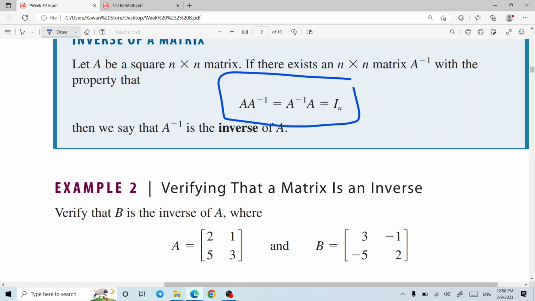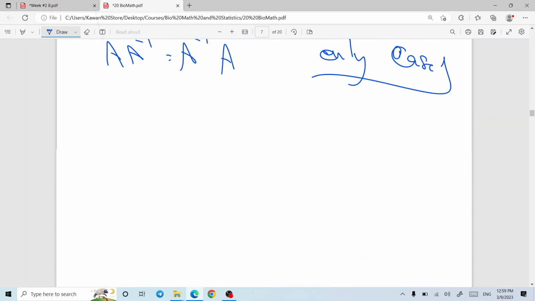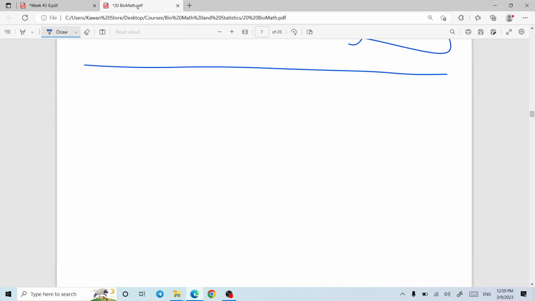How do we solve that one? Show me A and B are inverse, or show me B is the inverse of A. How? Look at here. I say A equal to 2, 1, 5, 3.